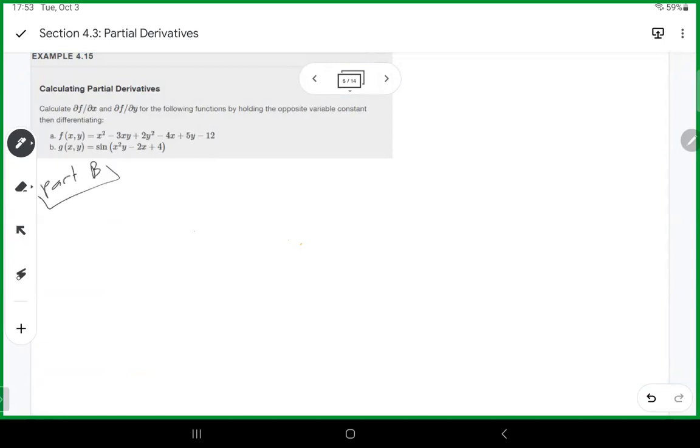All right, so we're going to treat the y variable as a constant, and then we will differentiate with respect to x using the chain rule and the power rule.